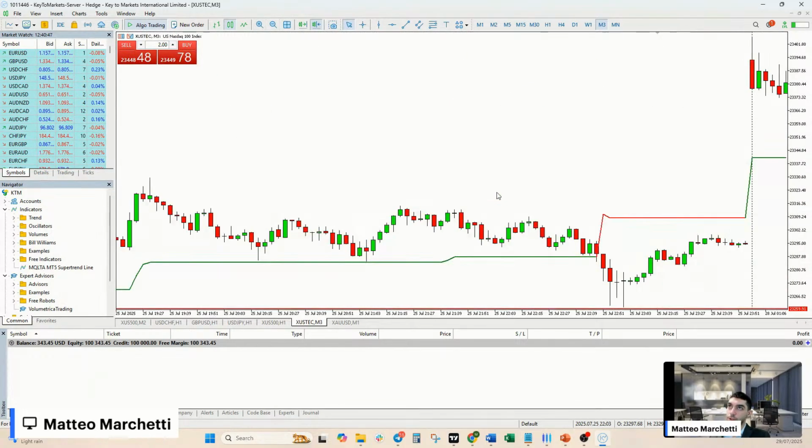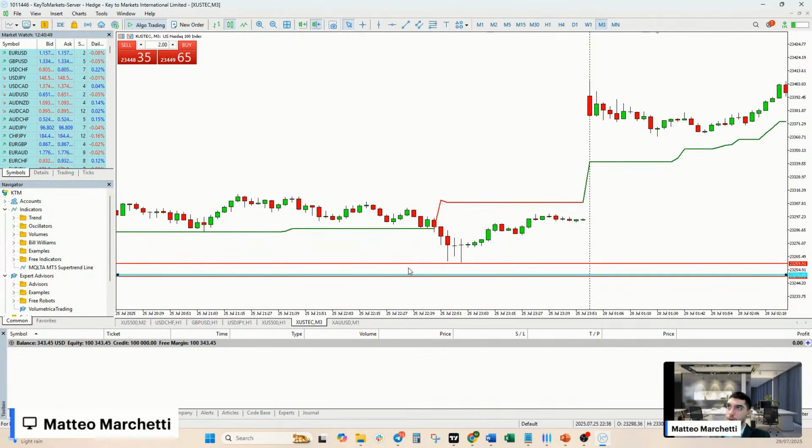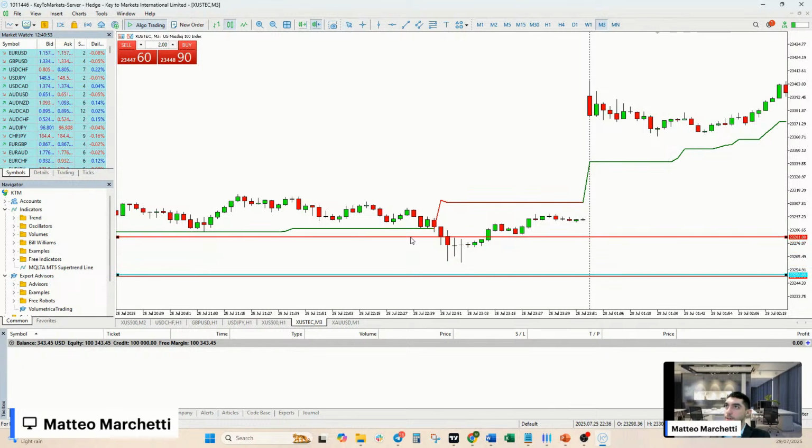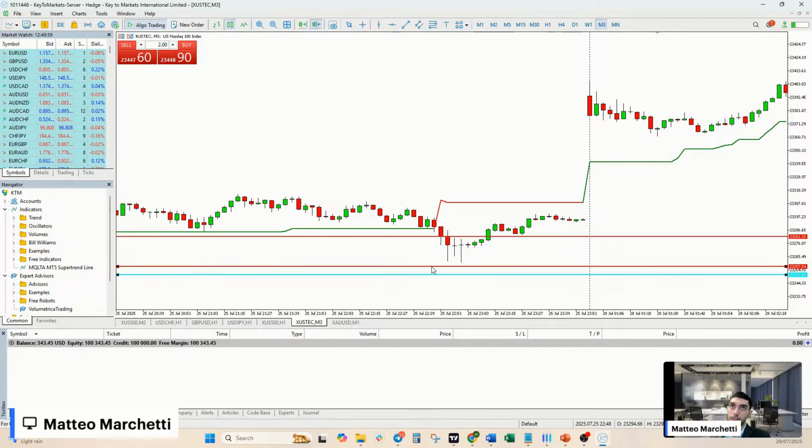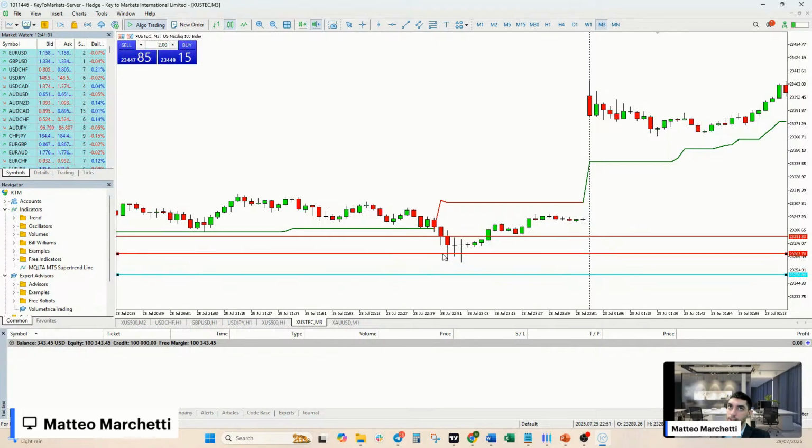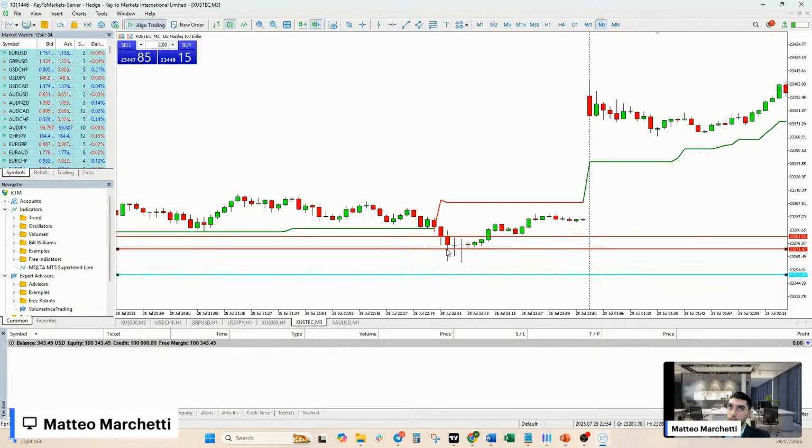So imagine we open the short, so I can give you also the short side. We open the trade here. Our first take profit is going to be 10 points lower, so 71. This is exactly the same situation.